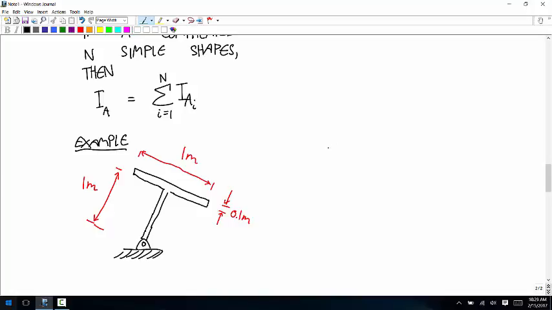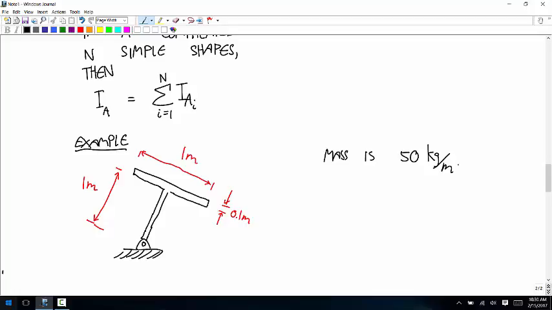And let's say that the mass of the object is 50 kilograms per meter. So this 1 meter piece has a mass of 50 kilograms. This 1 meter piece has a mass of 50 kilograms.